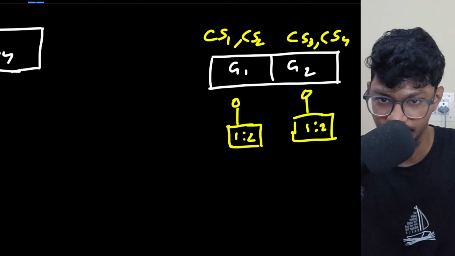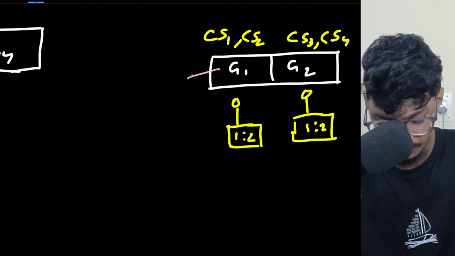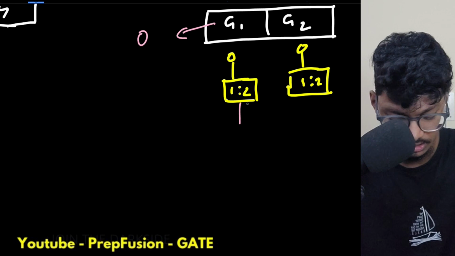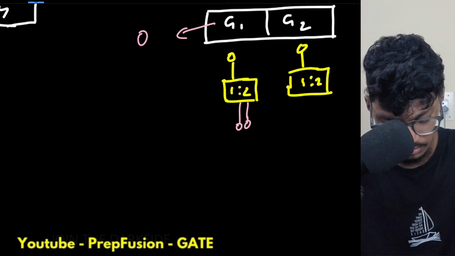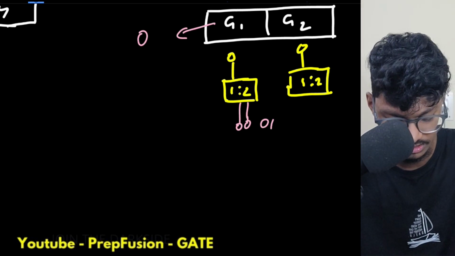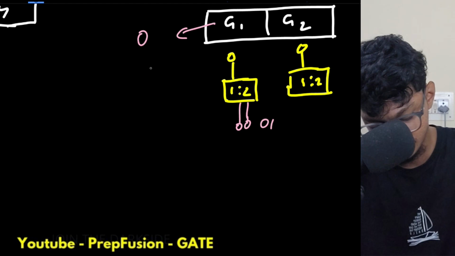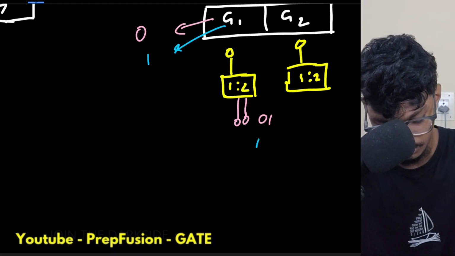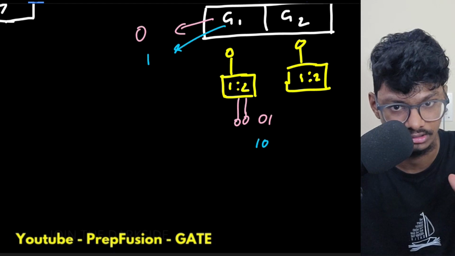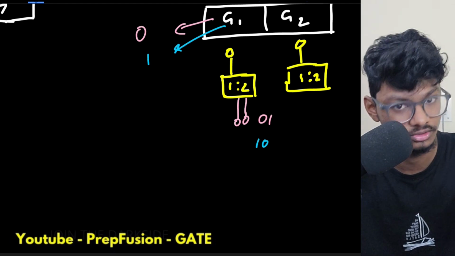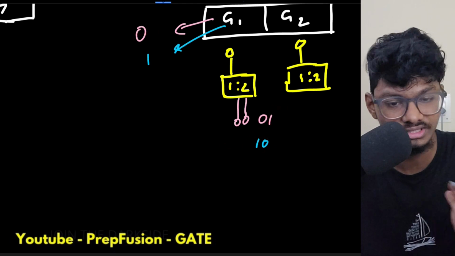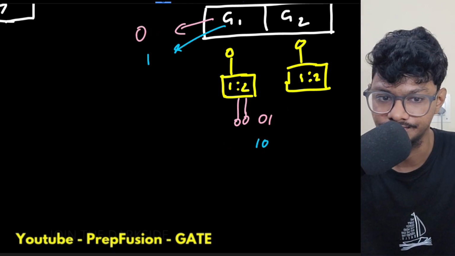I'm just giving you an example, don't take it as it is. If this G1 is 0, then this decoder will select CS1, and if this G1 is 1, then it will select CS2, turning on the other signal. So I have implemented that logic with a decoder.